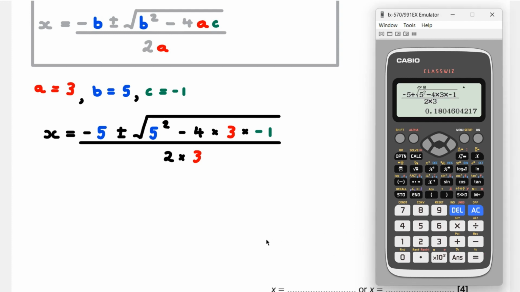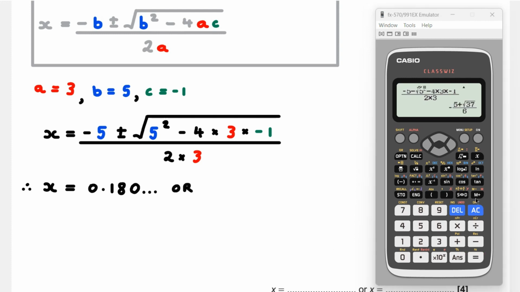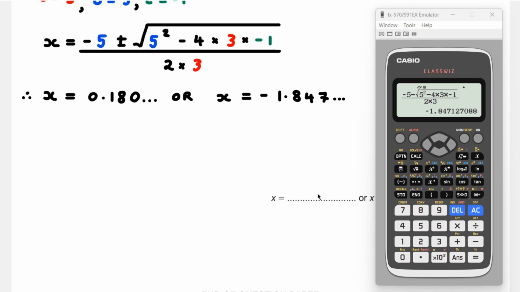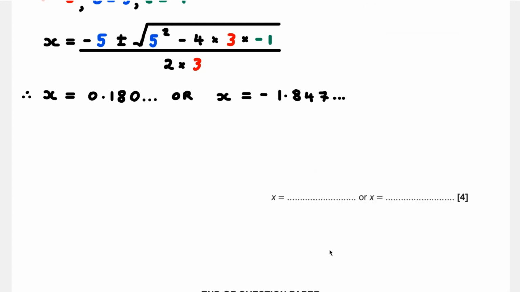One solution I get is x equals 0.180 etc. For the other solution, I need to change this to a minus, and that leaves me with x equals minus 0.847 etc. So those are my solutions. To two decimal places I've got x equals 0.18 or x equals minus 1.47. These are to two decimal places.